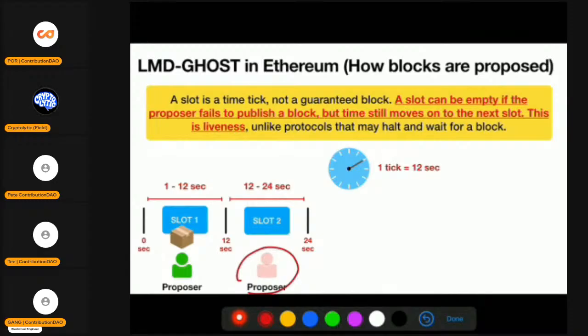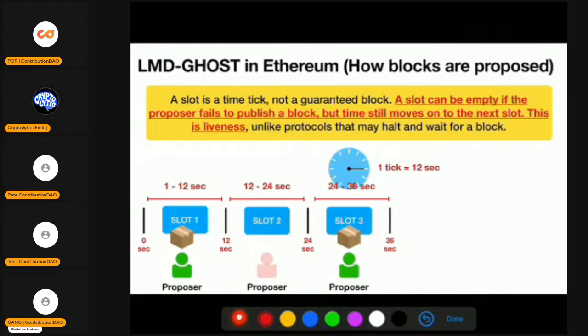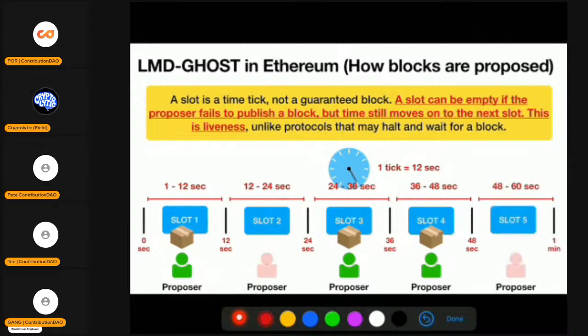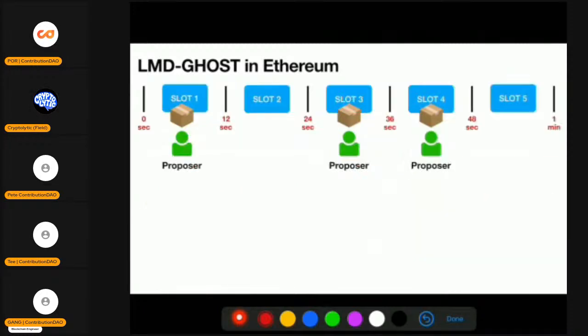And if no proposer proposes a block in this slot, the protocol still keeps ticking and ignores this slot, then goes to the next slot, and a new proposer comes in and proposes a new block, and so on and so forth. That is how Ethereum produces slots and blocks.